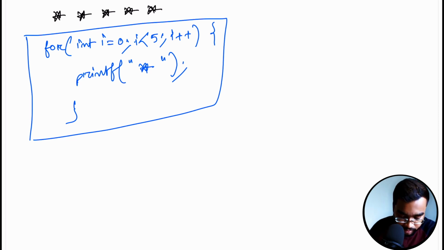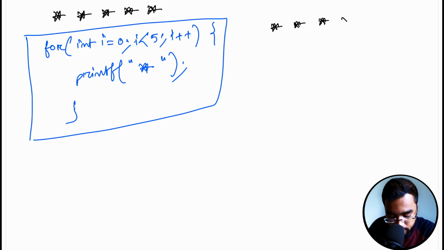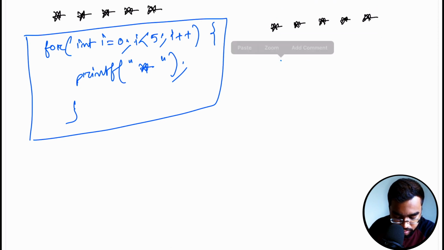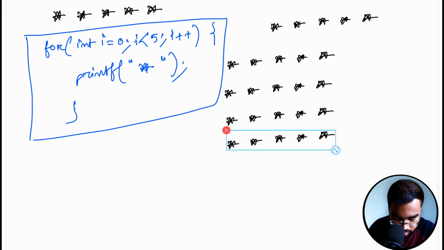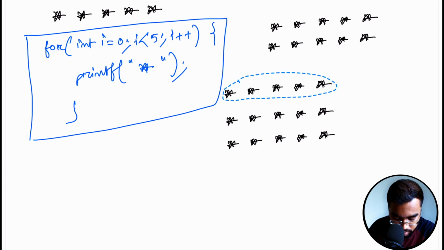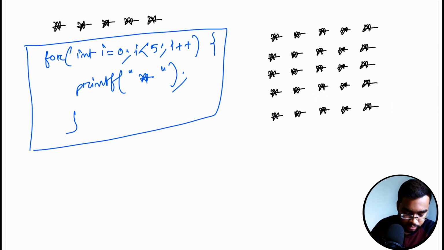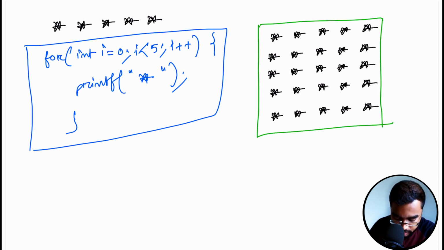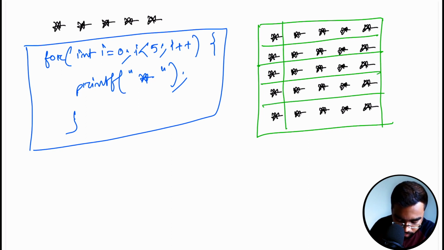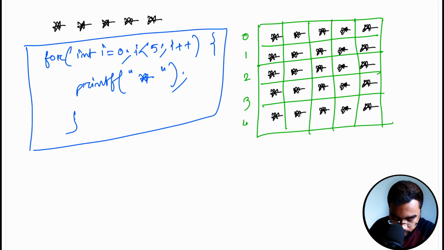Clear? But if I want to print this pattern, star, star, star, you can see here 0 1 2 3 4, 0 1 2 3 4.